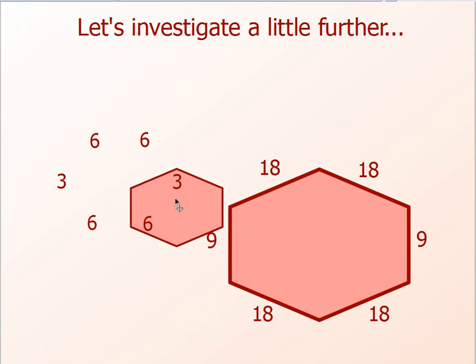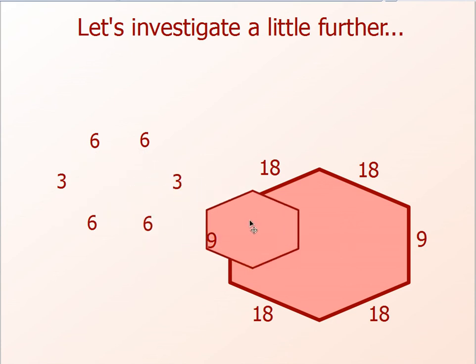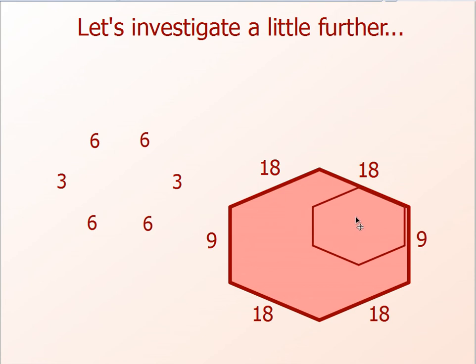I'm going to pull our smaller shape over here and show you something really quickly. If I compare angle measures on my two similar shapes, you can see that all 6 angles aren't proportional, but equal, right? My angles are congruent.